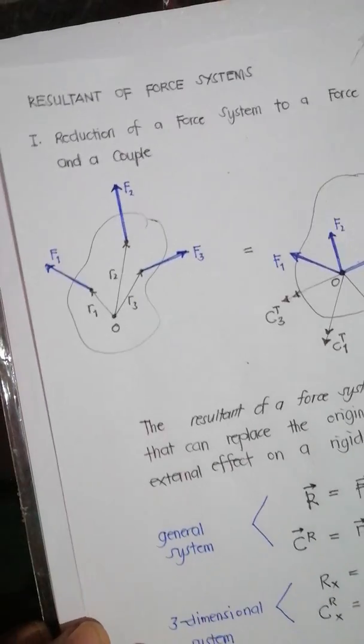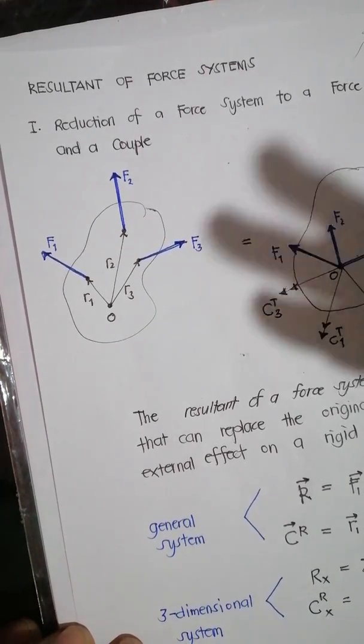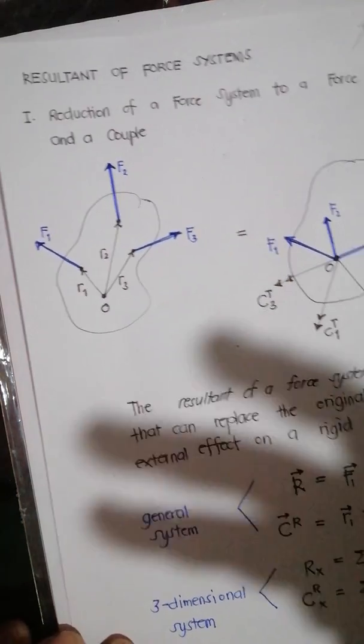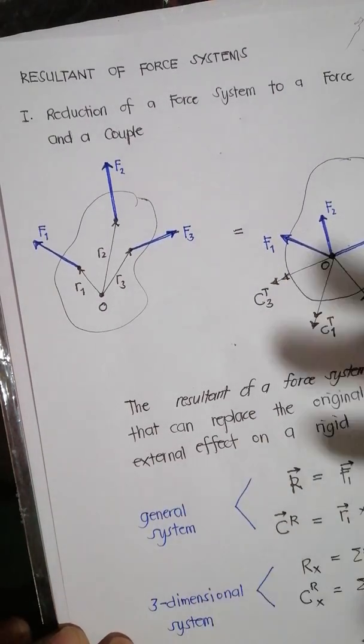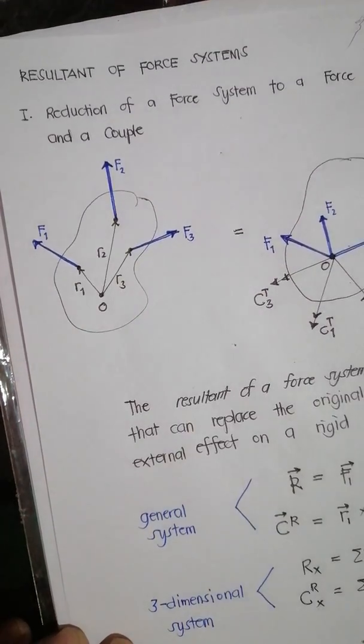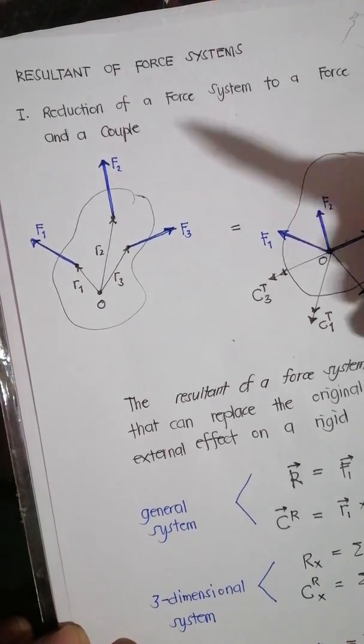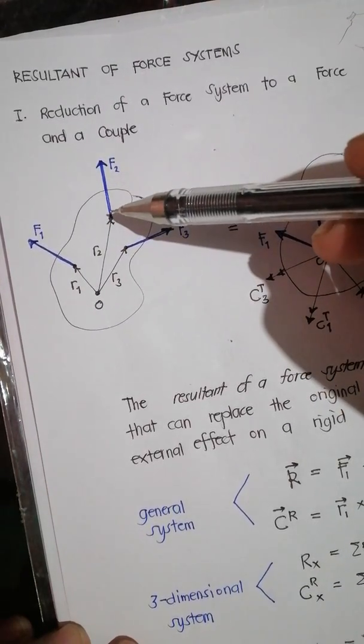So generally, some of the force systems are concurrent, some are non-concurrent. So let's make it more general. What if in a certain force system, the force system is non-concurrent?